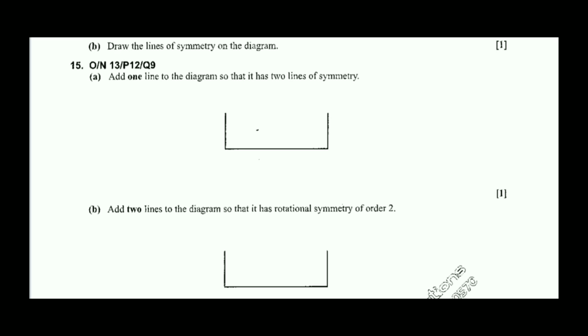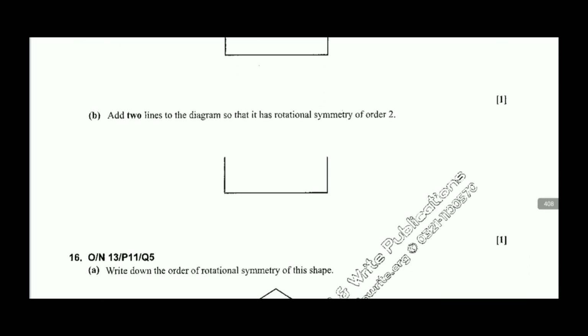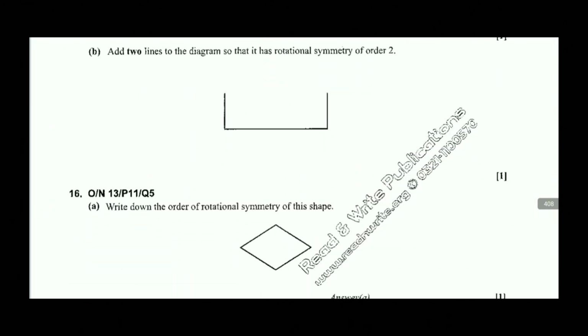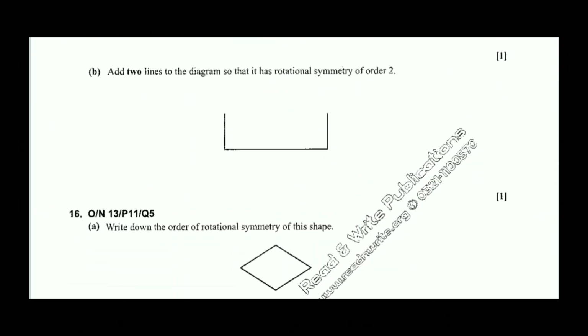Add one line to the diagram so that it has two lines of symmetry. So you can complete the shapes, this one. And B part: add two lines to the diagram so that it has rotational symmetry of order 2.